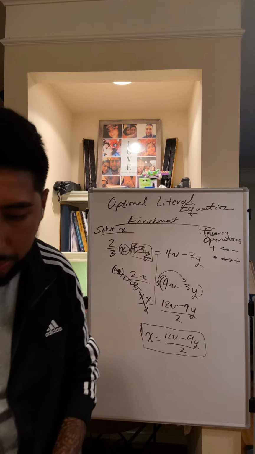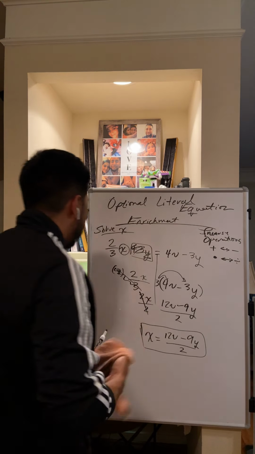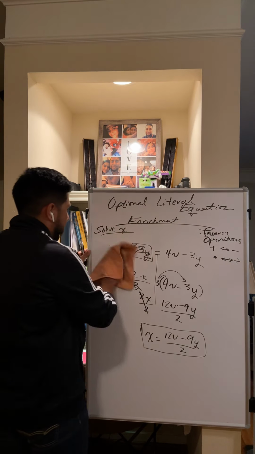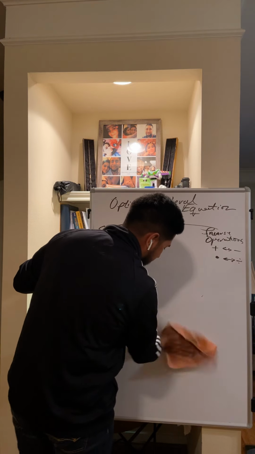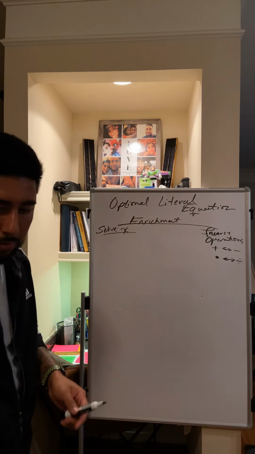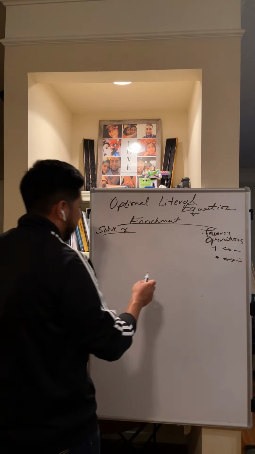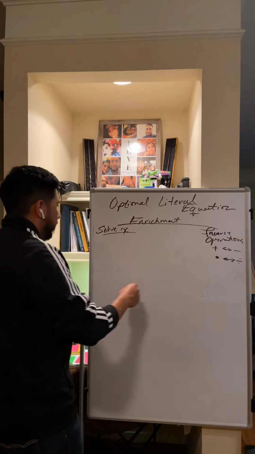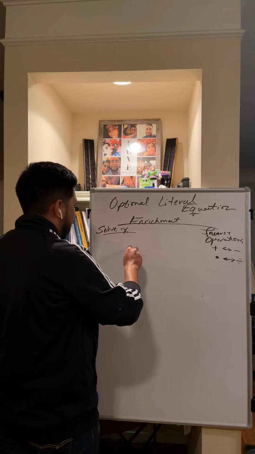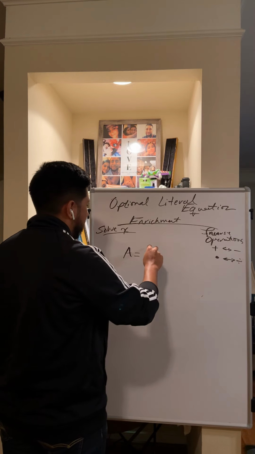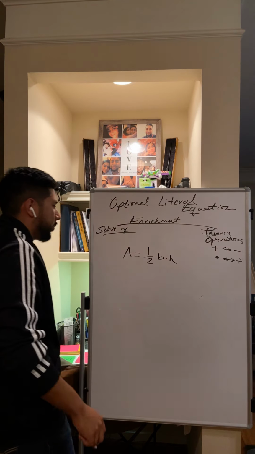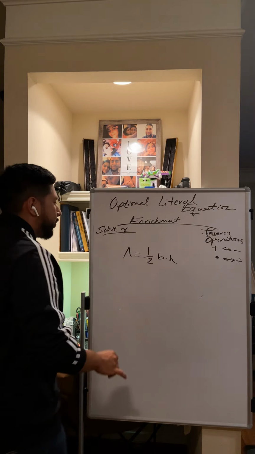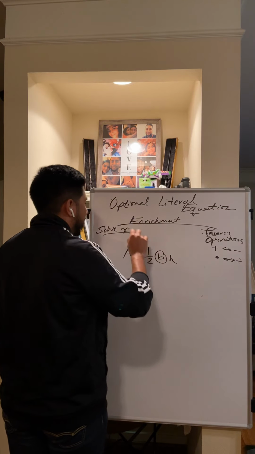Okay, that was still super hard. Let's try something a little bit easier. Let's try some regular formulas. So let's say area equals half base times the height. And I want to solve for b.